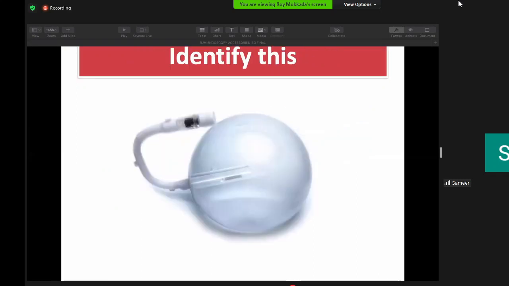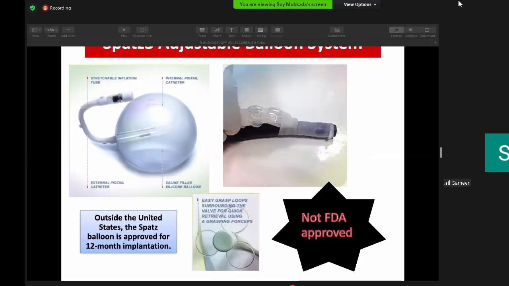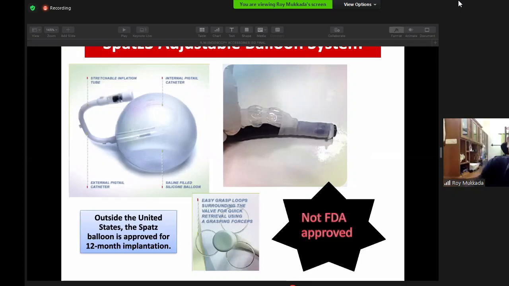Sir, because there is a detachable end, this is mostly the Spatz intragastric balloon for obesity. This is an adjustable balloon. What is the advantage of Spatz balloon?